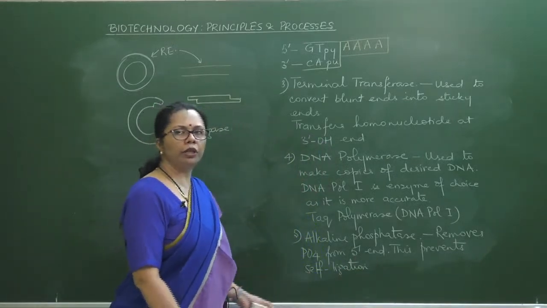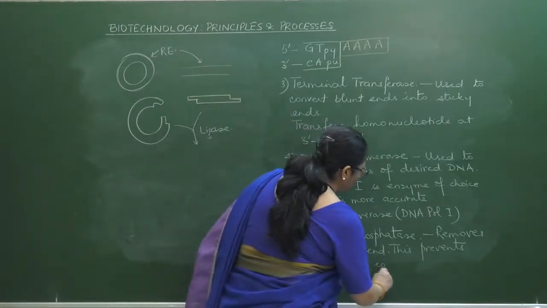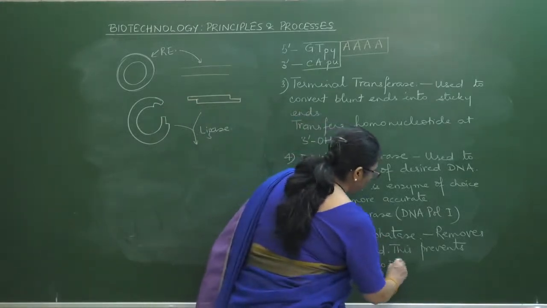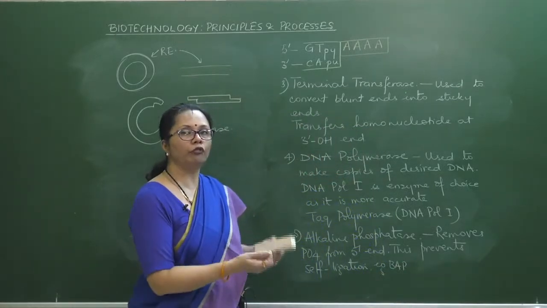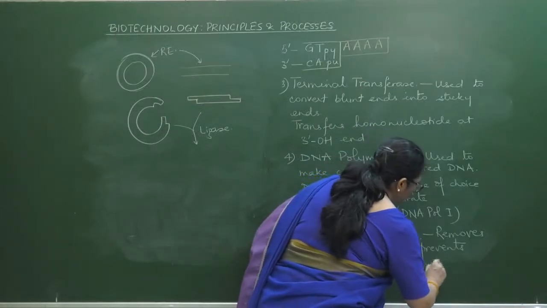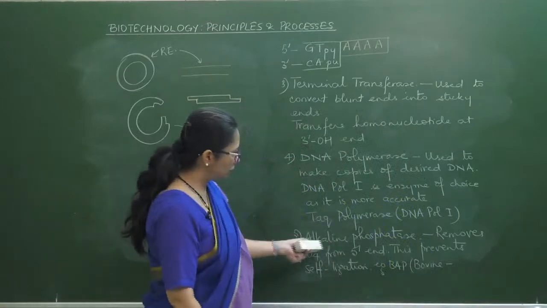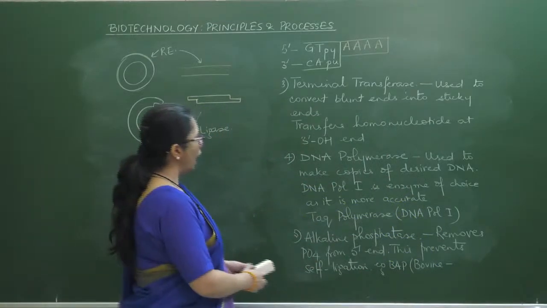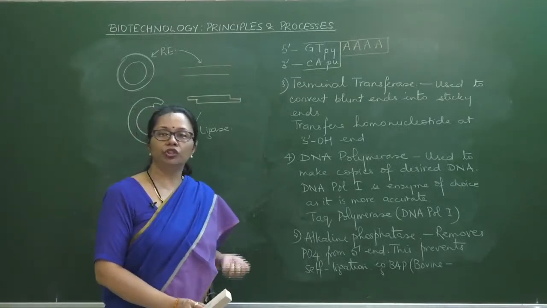And in this usually bovine alkaline phosphatase is used, or calf also we can write. This is how in short form we'll write bovine, which has been taken from the cattle. So bovine alkaline phosphatase, there is AP, of course you can make that this is alkaline phosphatase. So these are the different enzymes which a genetic engineer would require.